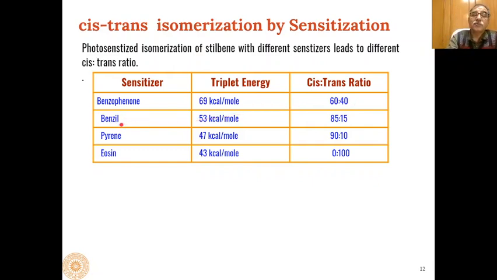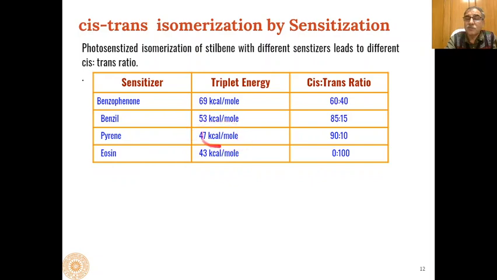Then if we use benzil as the sensitizer, this much triplet energy is required, and the ratio is 85 to 15: 85% cis product and 15% trans product. This ratio is at the photostationary state, that is, the final ratio at a given wavelength when these are used as the sensitizer.